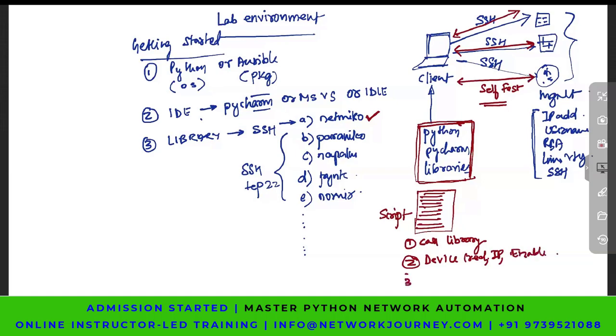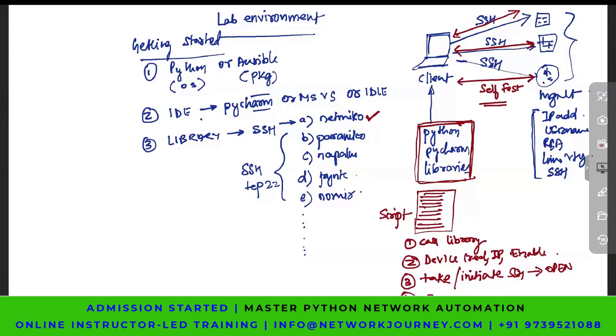Then you initiate the connection. It's called initiate SSH connection. Then once the connection is opened, you can send certain commands, or you can send the request to fetch the output of this command, or if you want to config, you can push it via that.